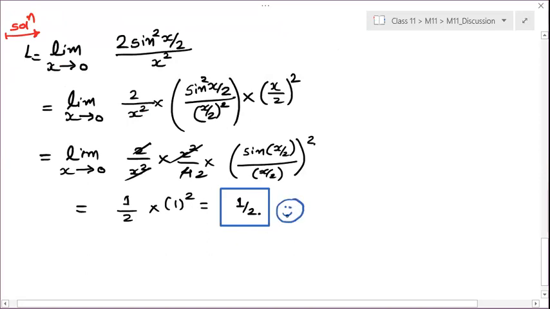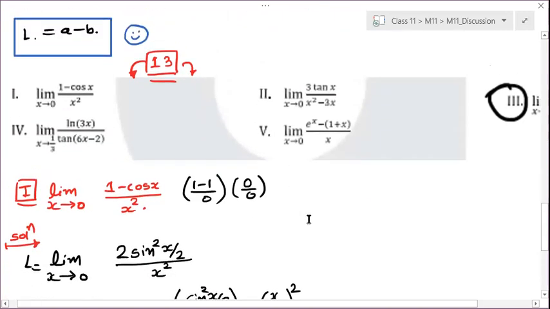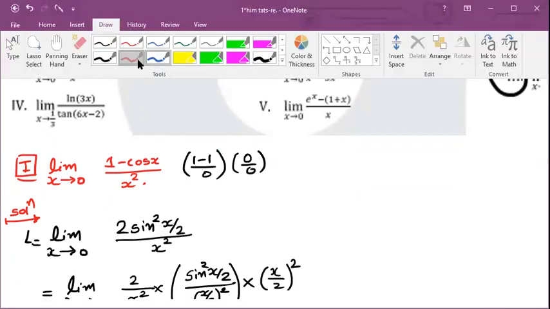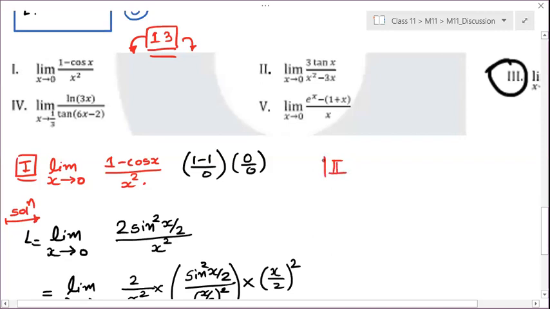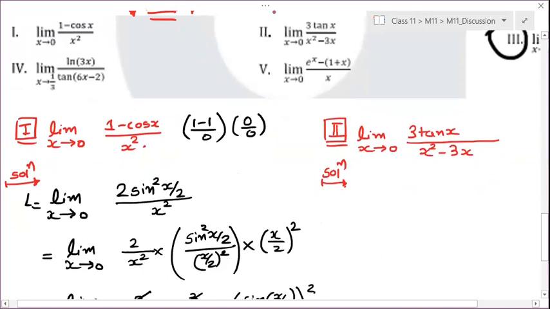Now the second question, limit x tends to 0, 3 tan x divided by x square minus 3x. What is your first step? Tan 0 is 0, divided by 0 minus 0 is 0. For tan x we require only x.